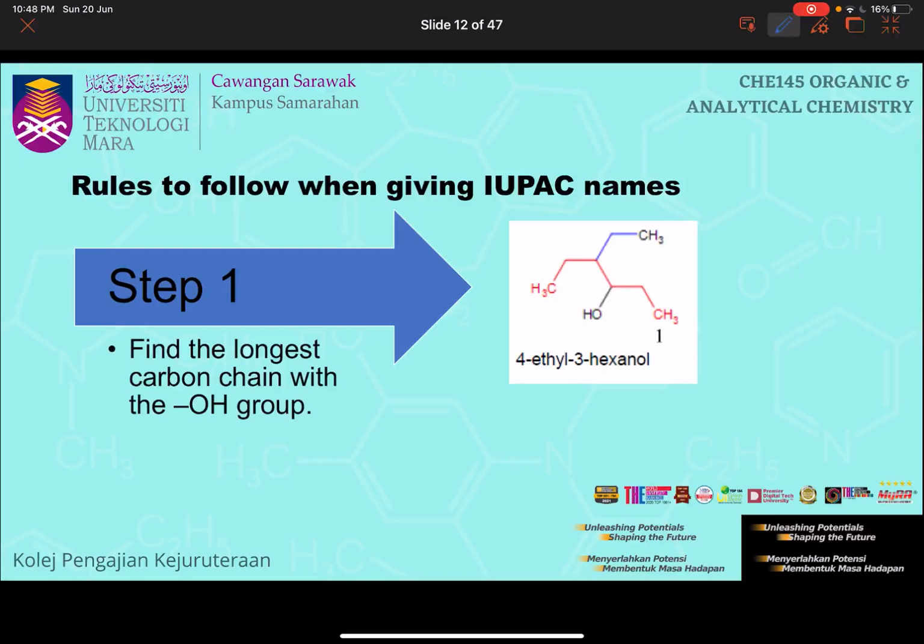First of all, we have to find the longest chain, but now the longest chain must contain the OH group. So in this case, we have to look for this carbon attached to form the longest chain. Here it is highlighted for you already. This is the longest chain.